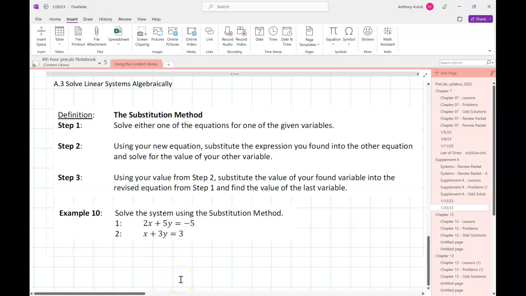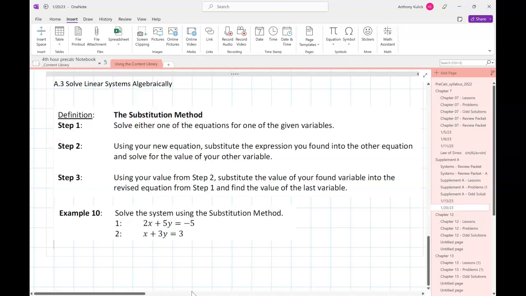In general, it does not matter which equation you pick and which variable you isolate. But in practical terms, it can make the problem a lot more tedious if you're not careful about this. So how do I choose the equation and the variable to isolate?